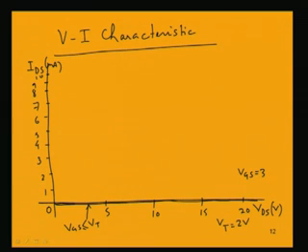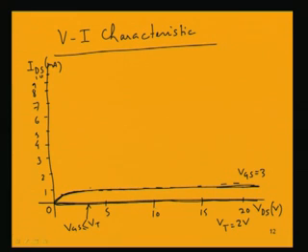Now, as we go on increasing the VGS, when say VGS is equal to 3 volt, then there will be a rise of current. Initially the current rises, then if we go on increasing VDS, we will be getting saturation, and that saturation voltage VDS, we know, is equal to VGS minus V threshold.